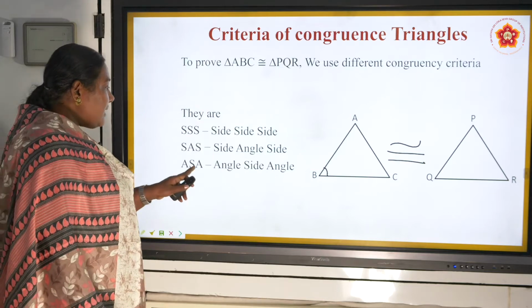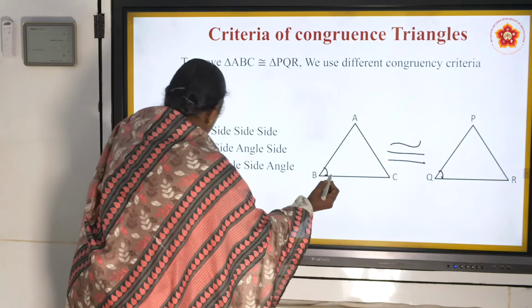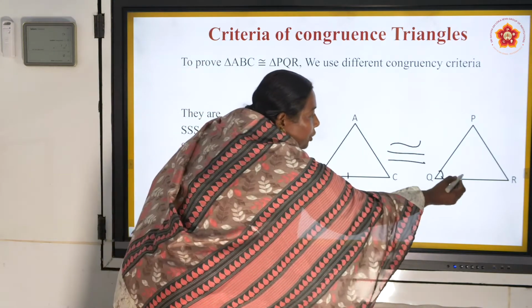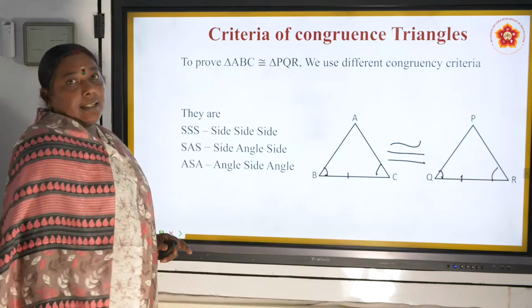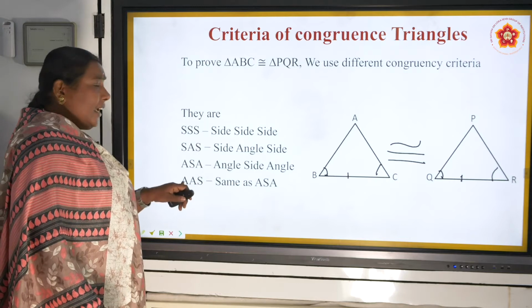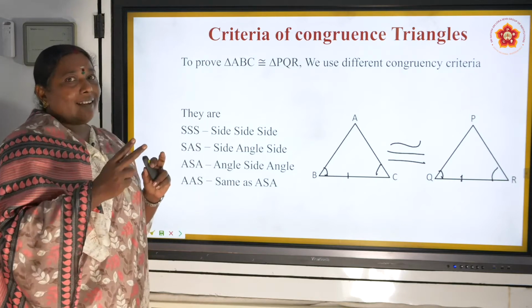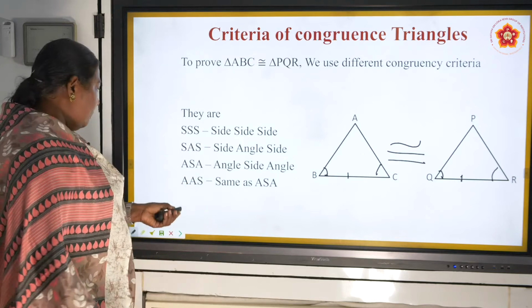Next, angle side angle. Angle B is equal to angle Q and side BC is equal to QR and angle C is equal to angle R, then I can tell them as congruent. Next one, ASA and AAS are the same because 2 angles and 1 side they are dealing with here, so both are the same only.